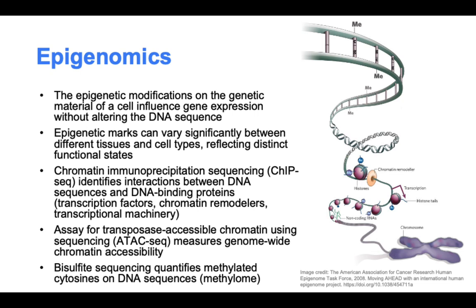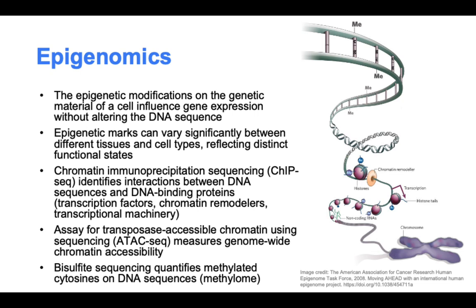What that tight packing does is prevent DNA binding proteins and other transcriptional regulators from getting in there and transcribing the DNA. So epigenetic modifications control this by loosening up the DNA around these histone proteins, or by modifying the DNA itself. Methylation is one of those, which prevents the transcriptional machinery from getting there.